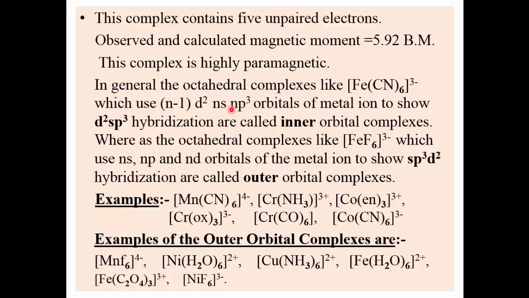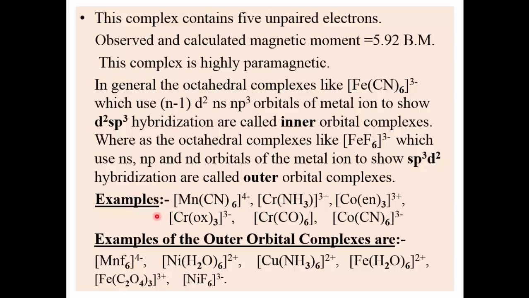Again I repeat, in case of inner orbital complexes, (n-1)d2 ns np3 orbitals are used, that is d2sp3 hybridization. In case of [FeF6]3-, ns np nd orbitals, that means sp3d2 orbitals, are used for hybridization, therefore they are called outer orbital complexes.